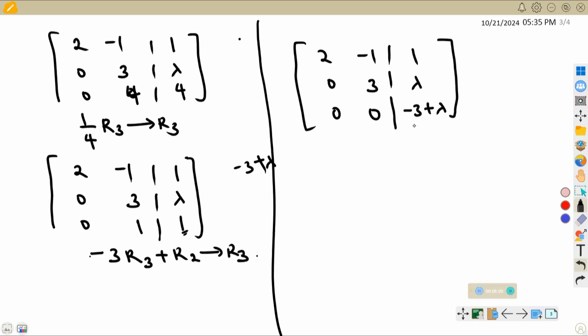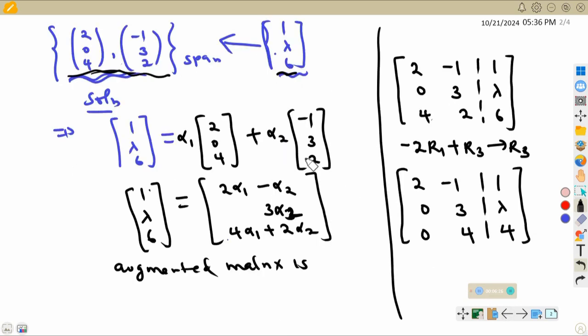Now looking at this system here, we can easily see that this system here is inconsistent. But they told us that this system here has to be consistent. So if it has to be consistent, then it means this value here must be equal to 0, because they told us that this one here is in the span of this, which means that the solution to this system here exists.